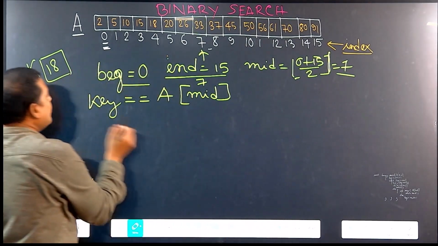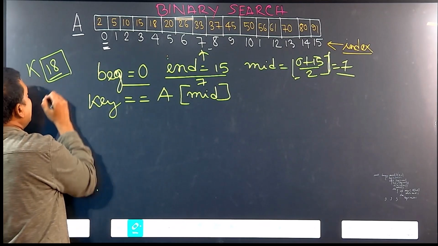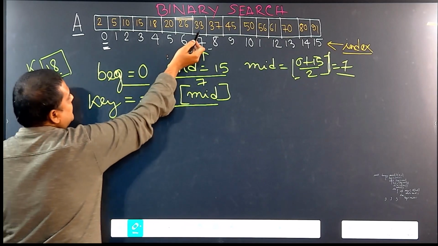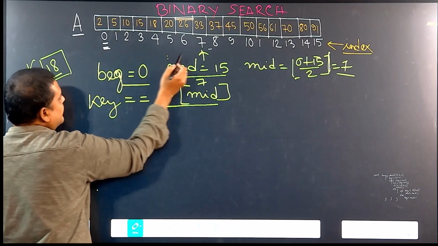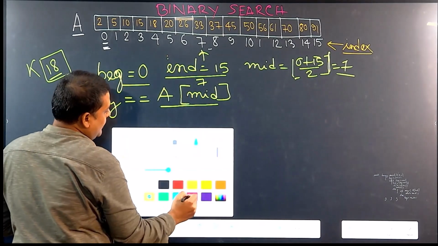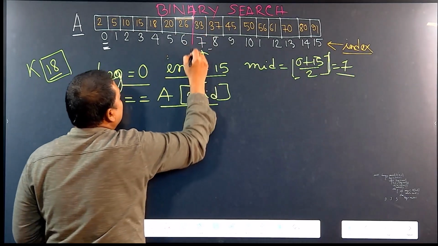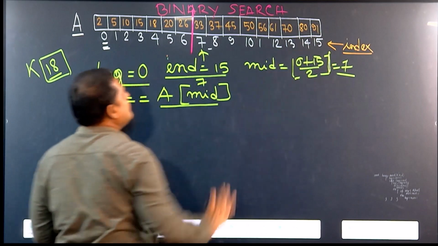So, which side will we go? Look here, the key element is lesser than the mid element, because 33 is the mid element. So, in the first go we can discard the right side part of the elements.